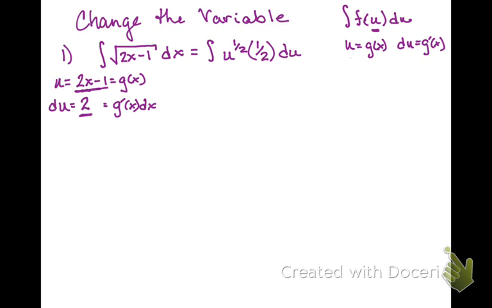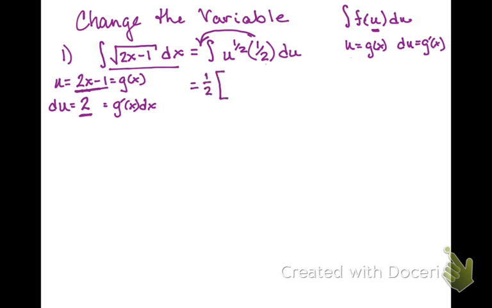U was substituted in for the 2x minus 1, and we need this 2 there, but I don't have a 2 in the original problem, do I? So I had to put a half. What happens to the 1/2? It goes up front.